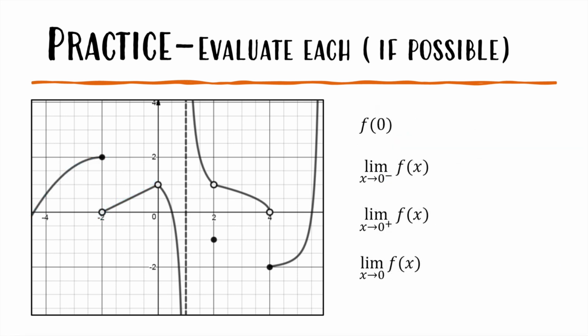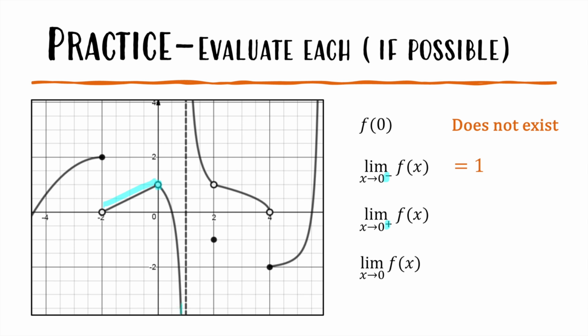Let's try 0. So f of 0, well, it's just a hole, okay? Doesn't exist. What about the limit of f of x as x approaches 0 from the left? From the left, the graph is getting closer and closer to 1. What about as we approach 0 from the right?